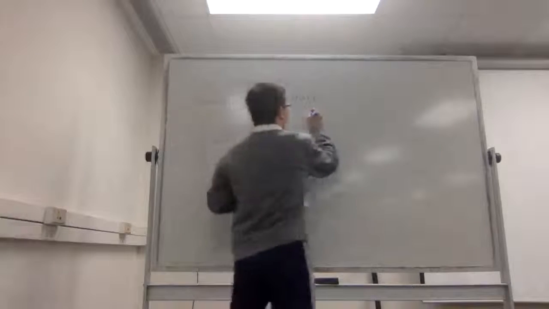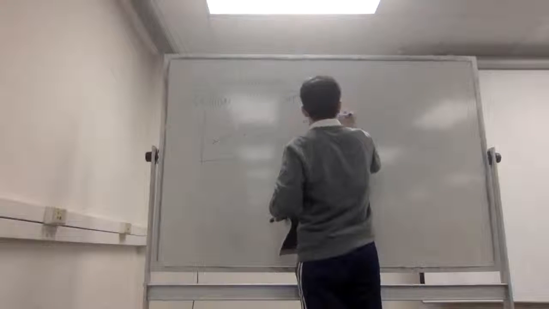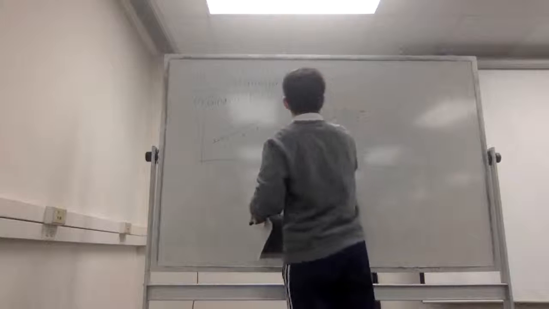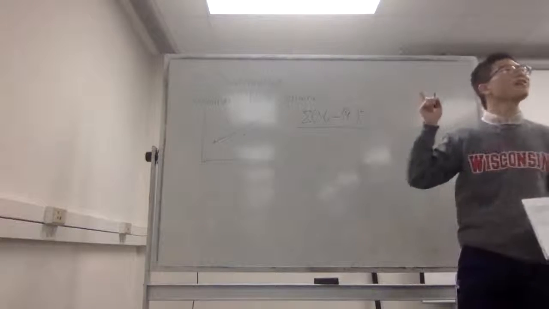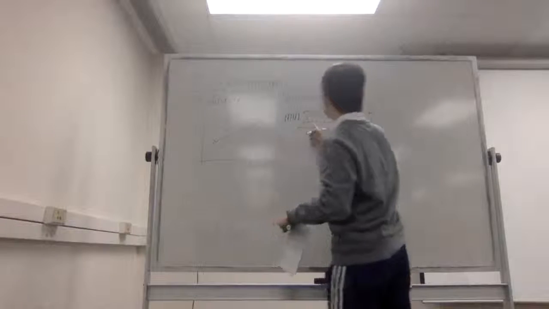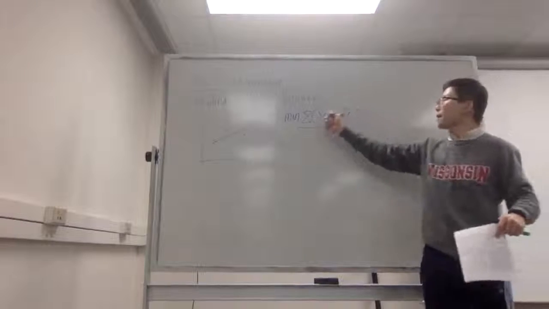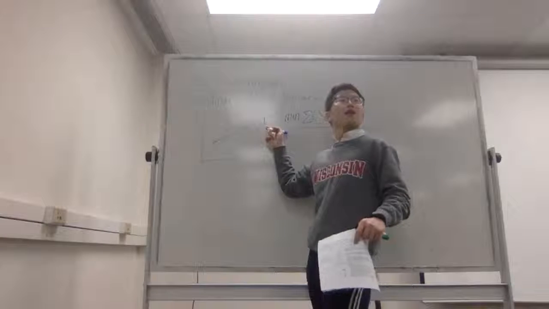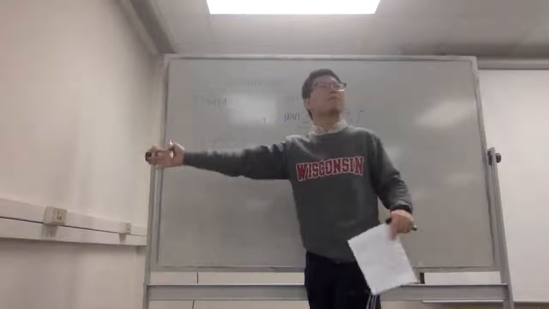So it's basically finding the linear regression line that minimizes this amount, which is basically the residuals squared, and then you sum all of them.